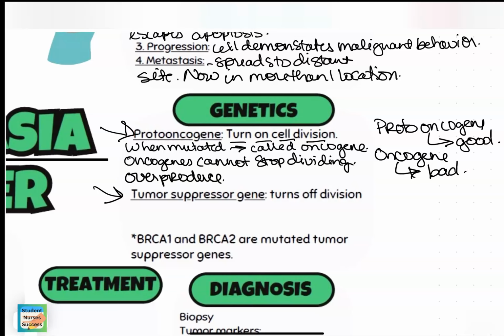The second gene I want you to know about is what we call tumor suppressor genes. They are supposed to turn off cell division, which is important. We need to stop cell division at some point. We can't have cells just dividing. Well, the problem is if it's damaged, it cannot turn off.